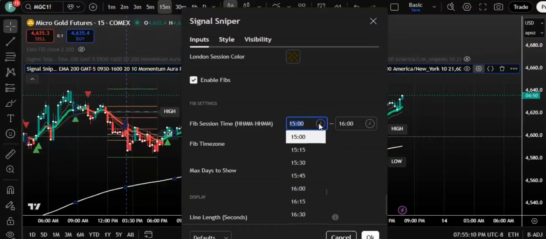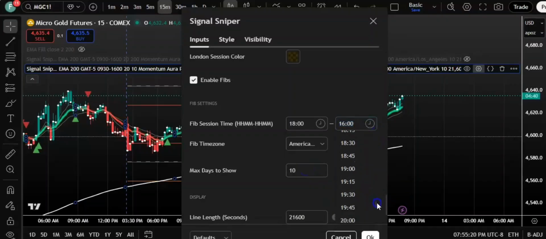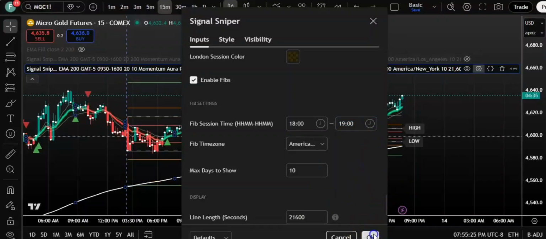If you click on New York, like I said, it doesn't really matter. I'm in Los Angeles, but I can even do New York. You would just set it 3 hours ahead, so it'd be 18 to 19, and it'll be the same thing.